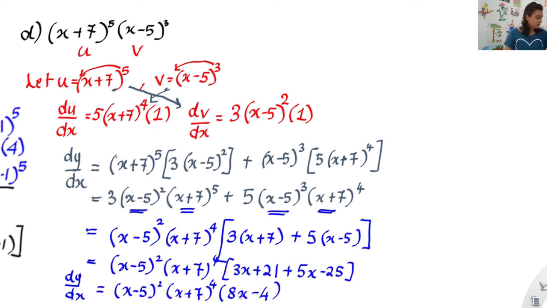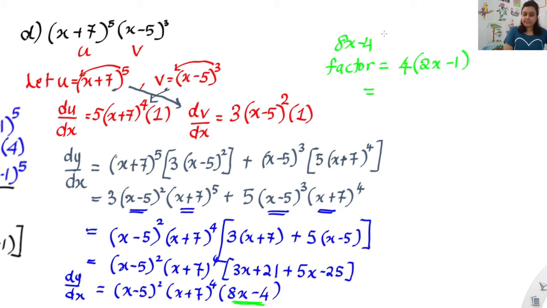Yes. What the textbook did was, this is already done. Actually, you can leave until here. But the textbook actually simplified this part because the 8x minus 4, you can still factor out. When you factor, what is the common factor here? You can take out 4. So you take out 4 means you will be left with 2x minus 1.